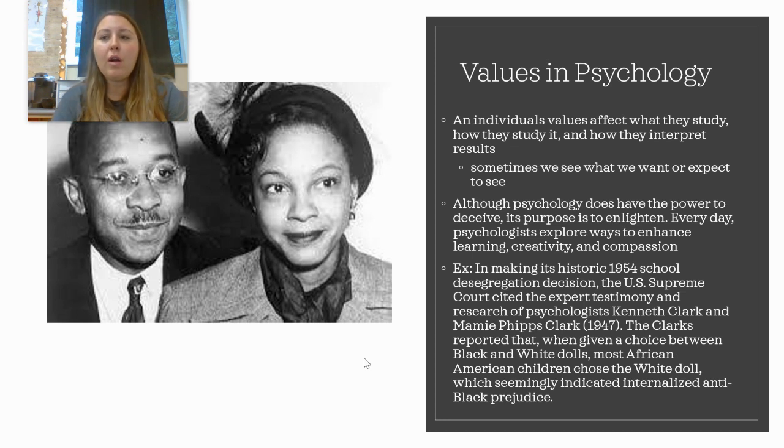And from their research, they testified in the court case, Brown versus Board of Education, that desegregated schools. And it was based on their research that this desegregation happened, which was such a good thing for our country, a good step in the right direction. And so this is the kind of thing that psychology is looking to do, to enlighten us, to make us better as a society.